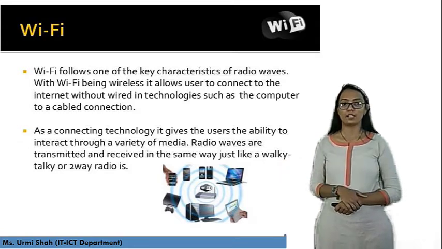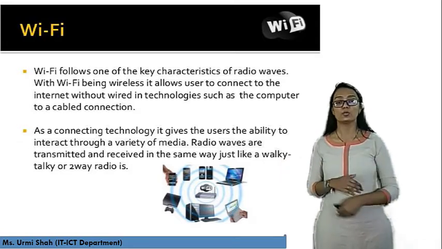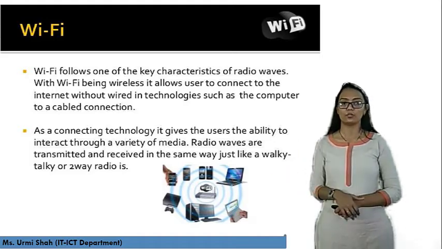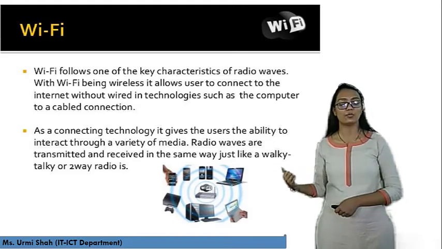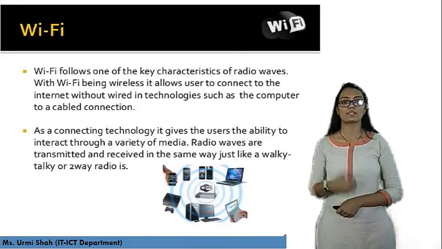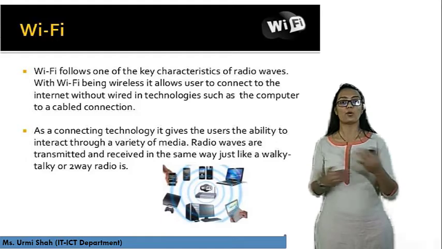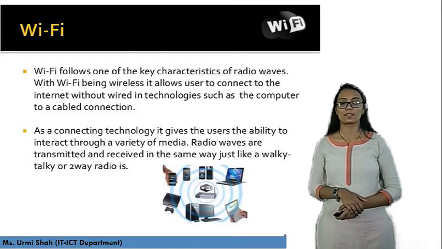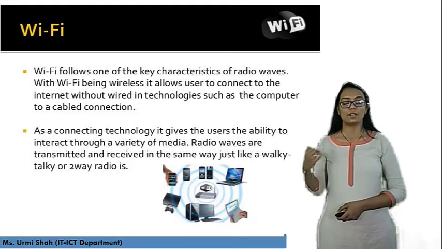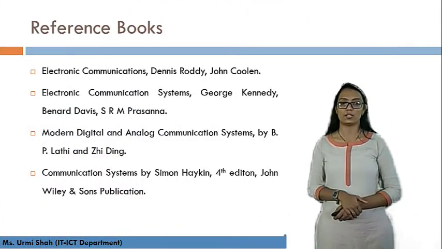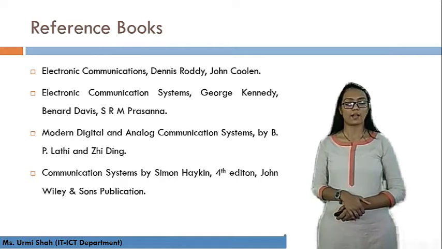Everywhere we have Wi-Fi connectivity, which gives users the ability to interact with a variety of media. And radio waves are involved in this, transmitted and received in the same way as a walkie-talkie or two-way radio. So these are all applications of radio waves, with Wi-Fi the most important application in today's era.